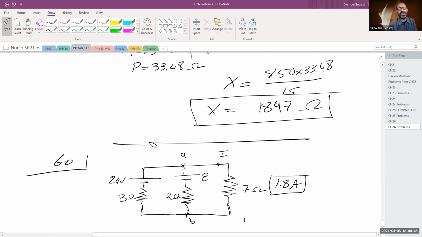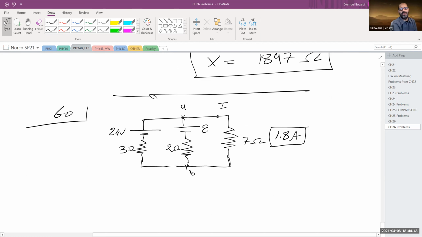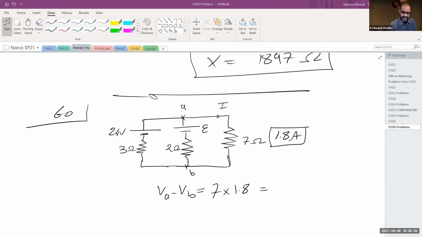As a matter of fact, I can find what VA minus VB is. According to this reasoning, by Ohm's law, it's 7 times 1.8. Since one is in ohms and the other is in amps, 7 times 1.8 is 12.6 volts.